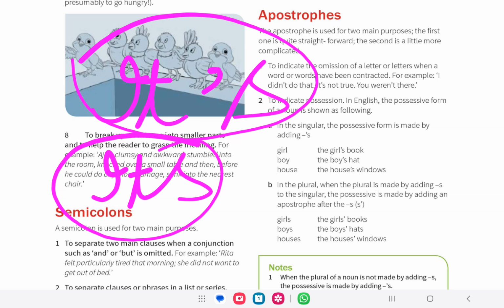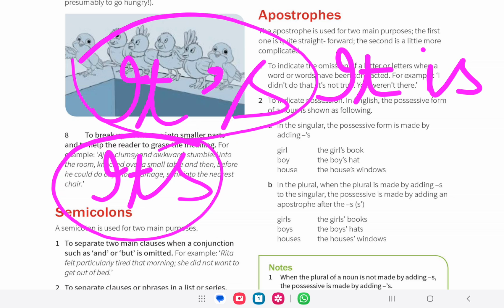When we have it with an apostrophe, we use it where we want to use "it is". If you want to use "it is", there you will write it's with an apostrophe. Now the second one, I think a large number of students cannot differentiate between these two. So this its is a pronoun.